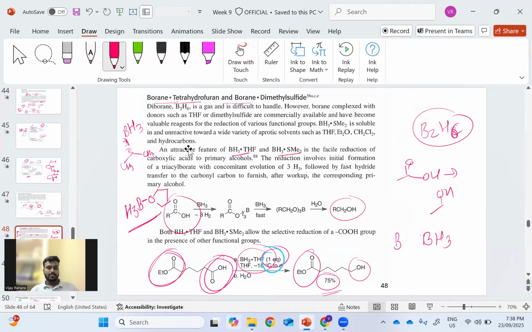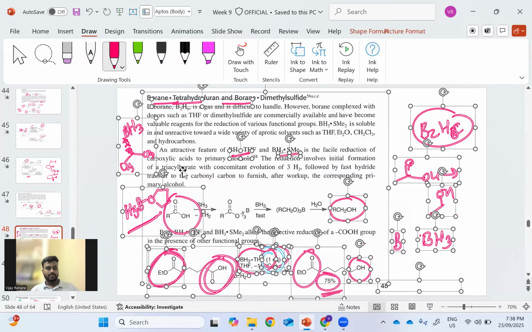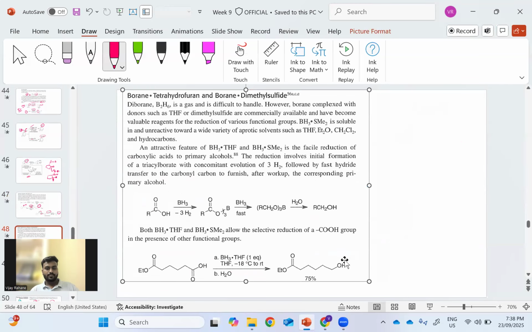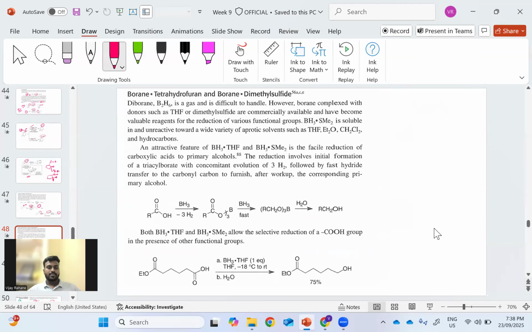Here again we have some other reagent, like the borane THF, particularly the BH3 THF or BH3 DMS. In this case, they are generally used for the reduction of the acids.